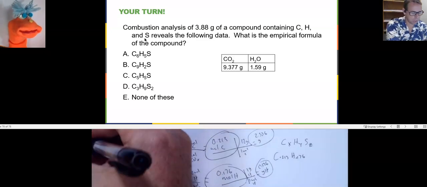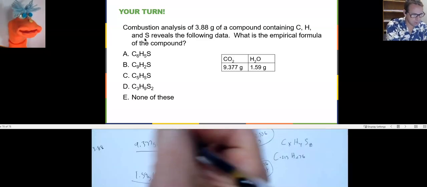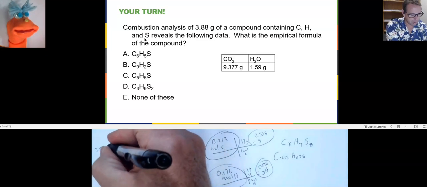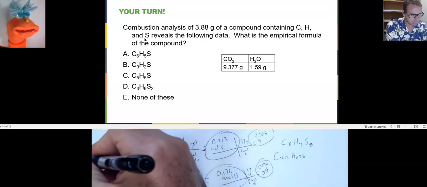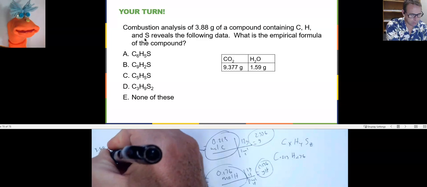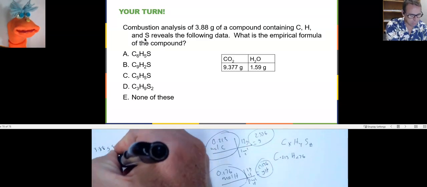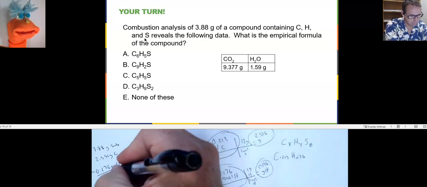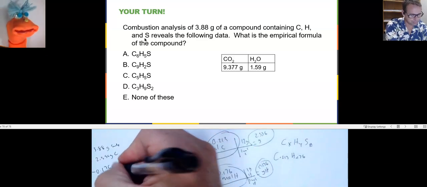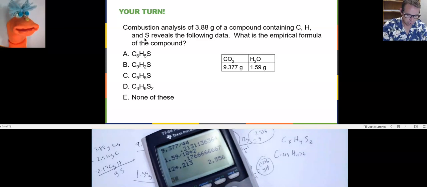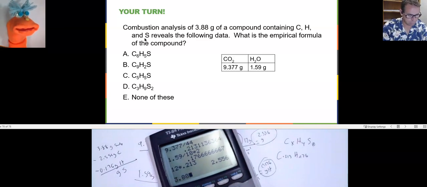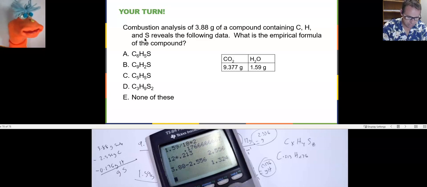And now I take 3.88, because that's what? Grams of sample. That's grams of sample. And I subtract my 2.556 grams of carbon and my 0.176 grams of hydrogen. And the rest must be what? Grams of sulfur. Okay, so 3.88 minus 2.556, minus 0.176.